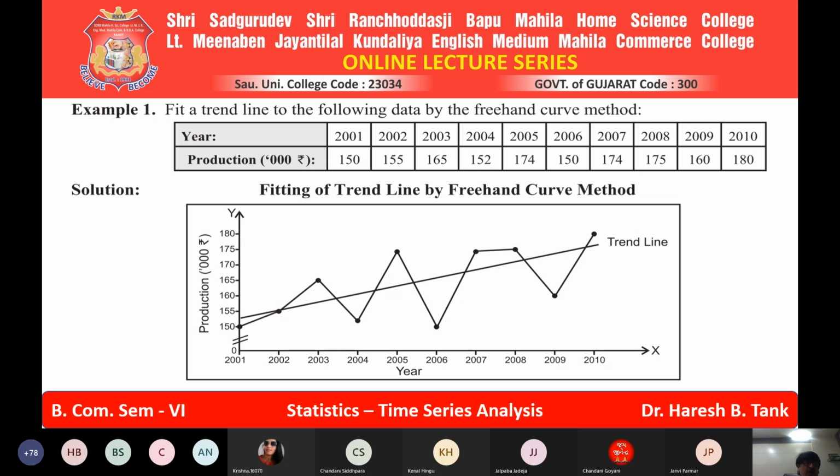By observing this trend line, you can see it is going from the left hand side corner to the right hand side upward corner. So naturally it is in an increasing form. Since it goes upwards, we can say that it's an upward trend.